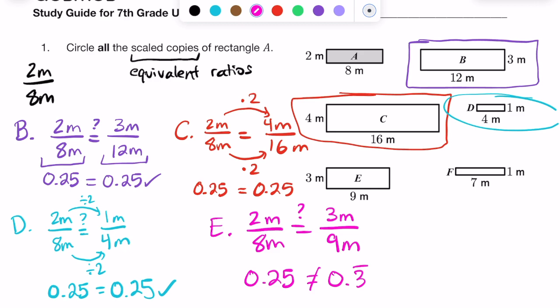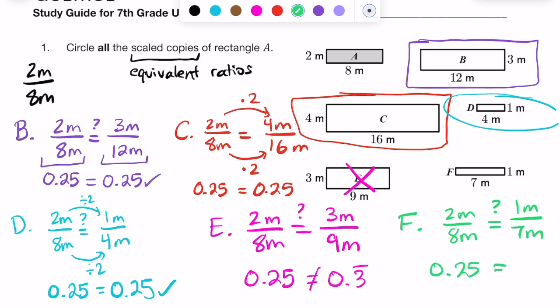Those are not equivalent, so that is not a scaled copy. And then finally, we do the same thing for F. 2 meters divided by 8 meters, is that equivalent to 1 meter divided by 7 meters? 0.25 is not equal to about 0.14, which is what you're going to get when we do 1 divided by 7. So that one is also not a scaled copy.